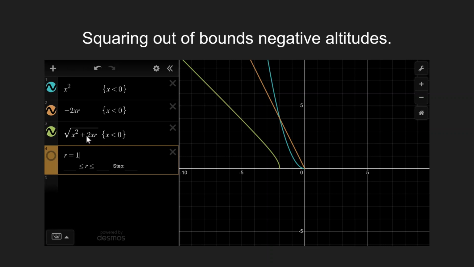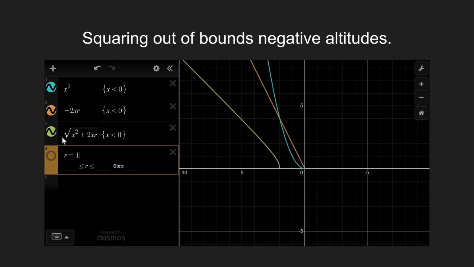Well, when we square a negative number, we get a positive number, as we see right here. And we are subtracting off a negative number here, because 2 times x is negative, times r is also negative, because we're dealing with a positive radius and 2 is positive.